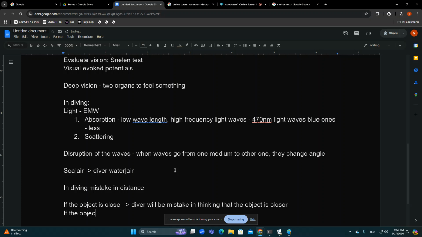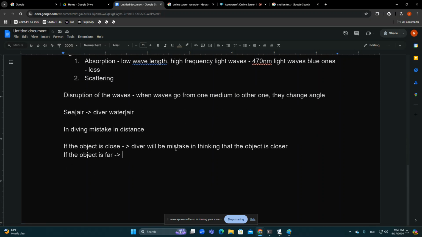If the object is far, and I will need to explain what is close and what is far, it's exactly the opposite. The diver will think that the object is more far than it is.